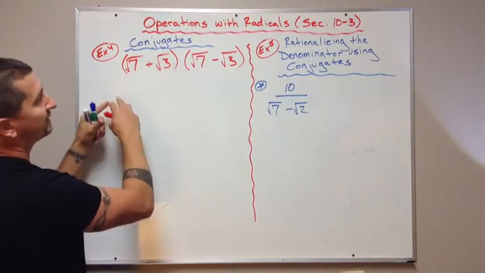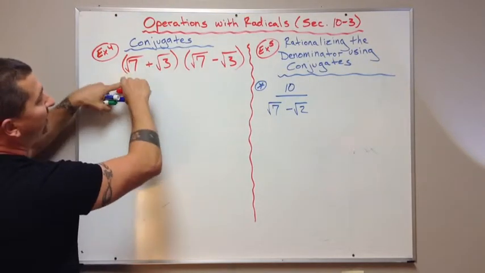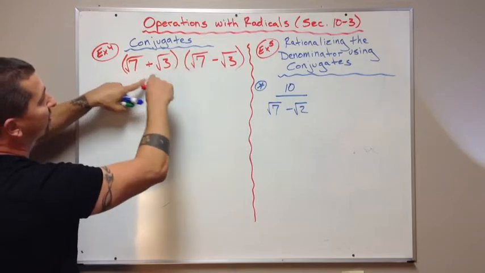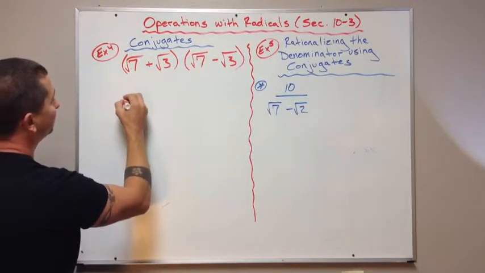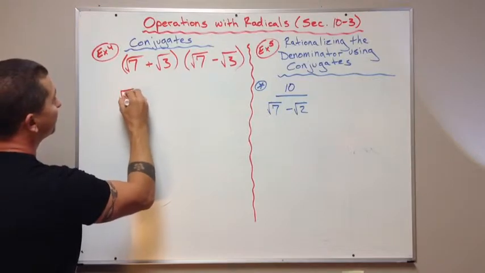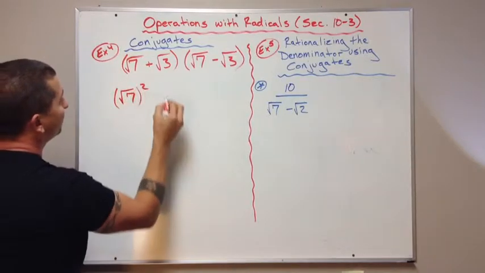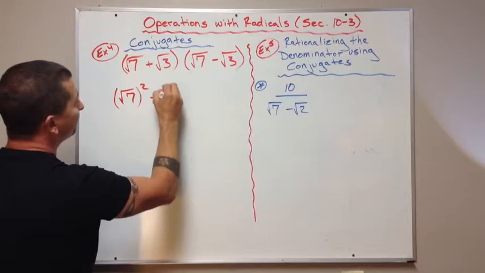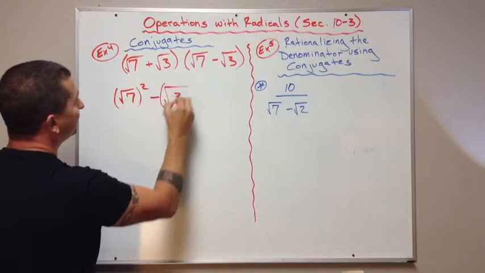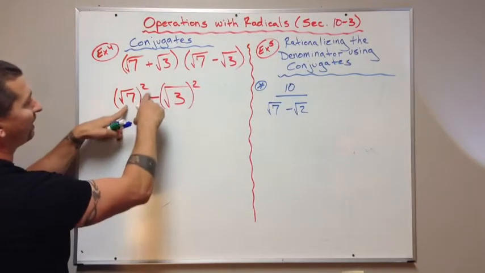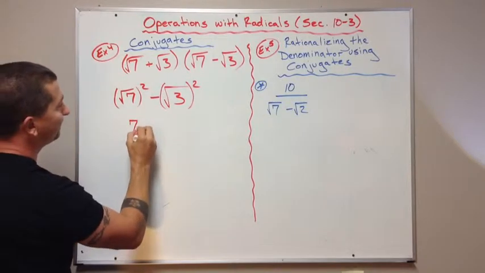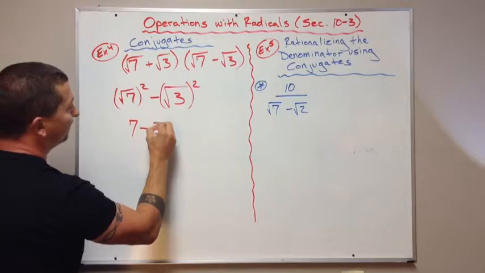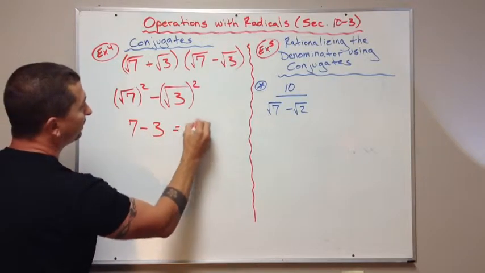Instead of foiling this out and distributing the square root of 7 to both terms and the square root of 3 to both terms, we can simply take the square root of 7 squared minus the square root of 3 squared. Now, if you're squaring a square root, those two things cancel each other out. So you're left with 7 minus 3, which equals 4.